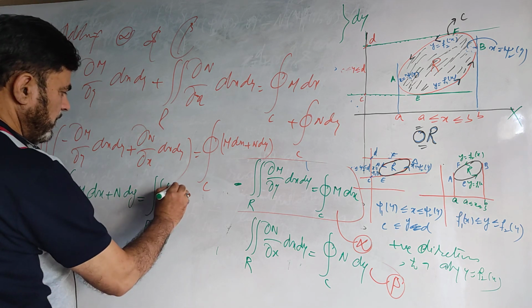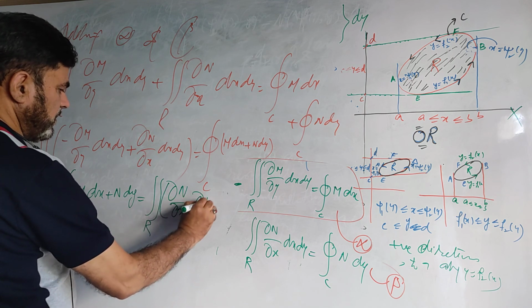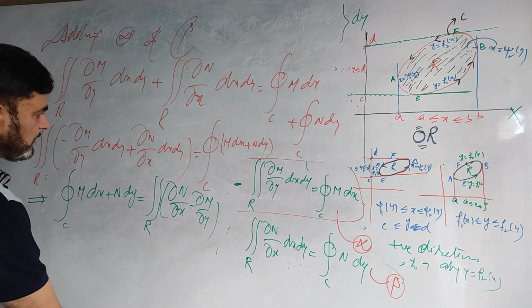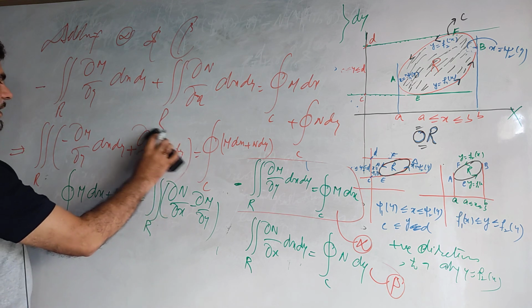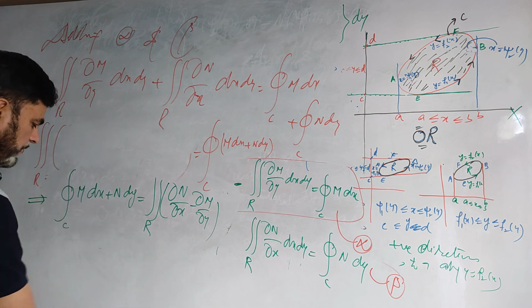It is the partial derivative of n with respect to x minus the partial derivative of m with respect to y. You can write it here also.